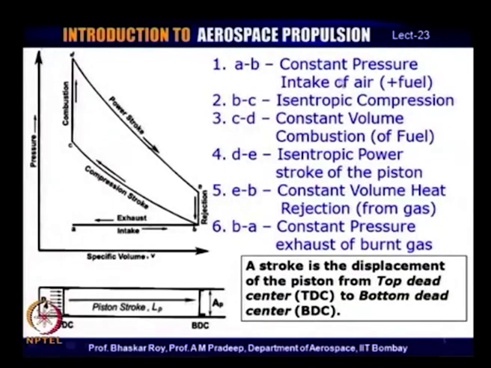Now, if you look at some of these processes thermodynamically, for example, the process AB can be referred to as a constant pressure process, because during this process there is no change of pressure. So, this is what we call a constant pressure process thermodynamically.